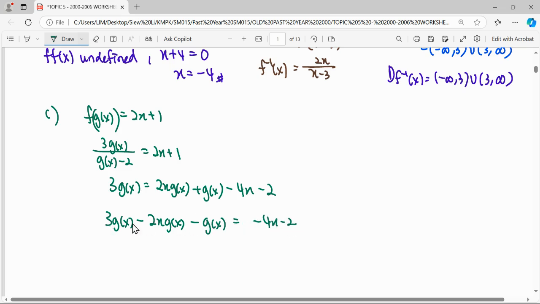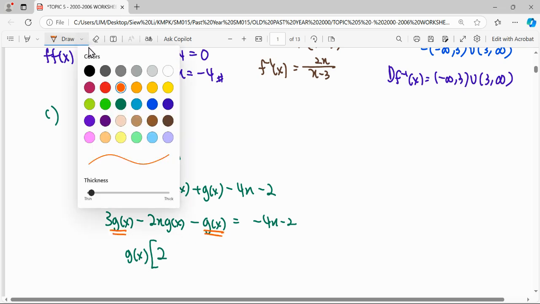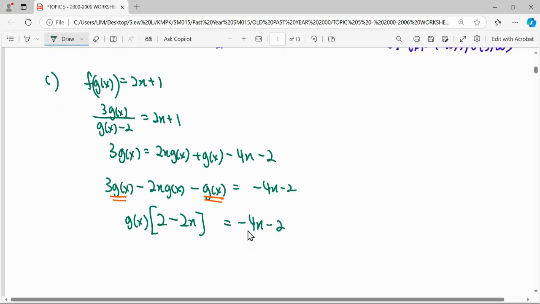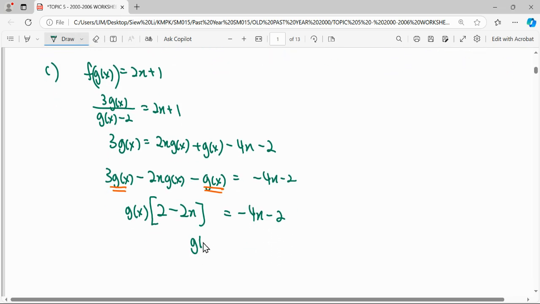So here we have 3g(x) minus g(x) is 2g(x). We take out the g(x), 2. 3g(x) minus g(x) equals 2g(x). Then after that, when you take out this g(x), this is minus 2x. Then lastly, we simplify to find out what g(x) is.